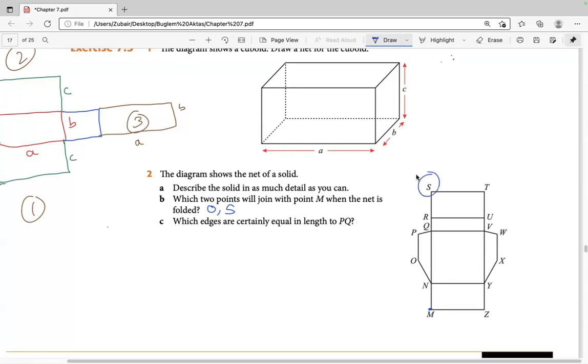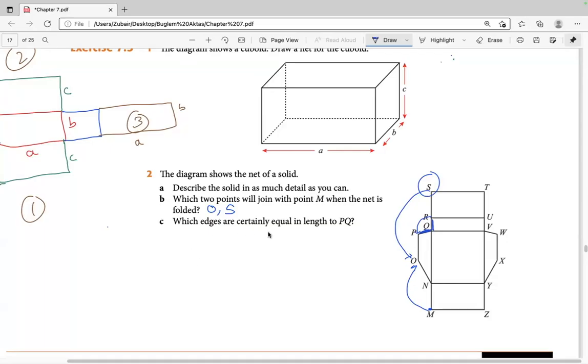Oh, S. Yes, because from the top it would join it when we fold it. So QR comes and joins PQ. And then when R will be at the position of P, this S is going to come and land on O. And this M is going to land on O. So M will be joining with O and S.